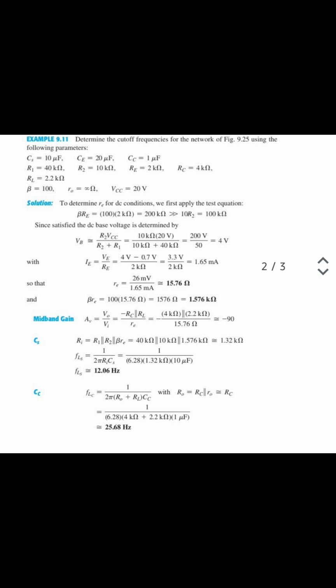So we input those values: 1 over 6.28 times (4 kilo ohms plus 2.2 kilo ohms) times 1 microfarad, and then we have the final answer of 25.68 hertz.